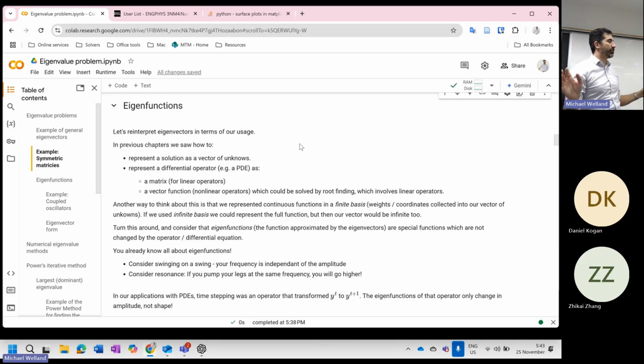And if you look into the literature, when they talk about eigenfunctions, they're talking about a function discretized as an infinite basis. But let's not bother with that because we're numerical. What that means is that your eigenvectors correspond to certain functions, right? So a lot of people will talk about these as eigenfunctions because that is more in tune with what the physics is telling you.